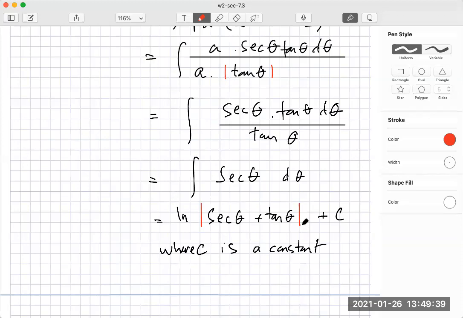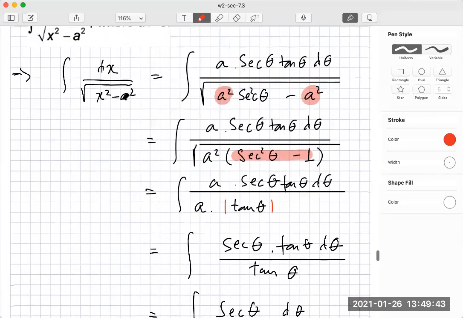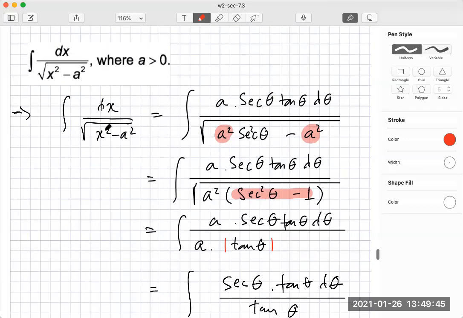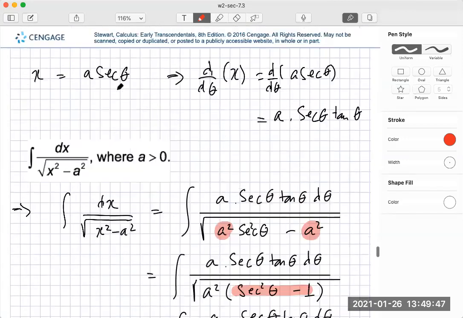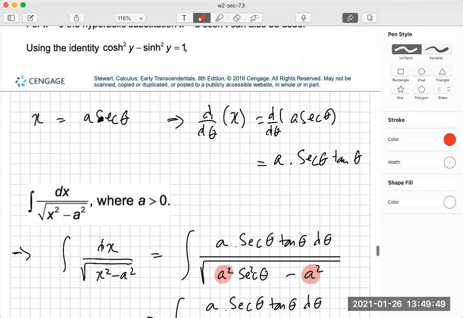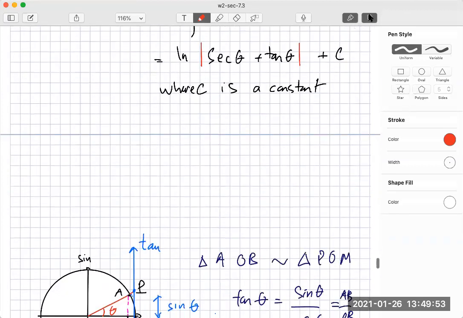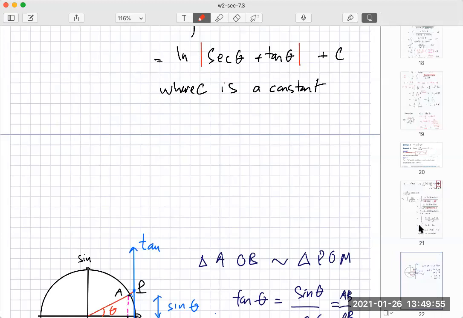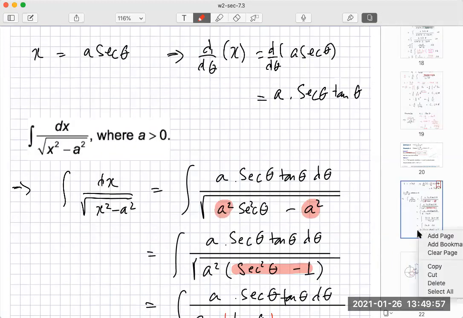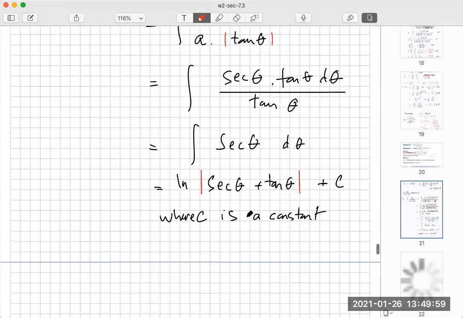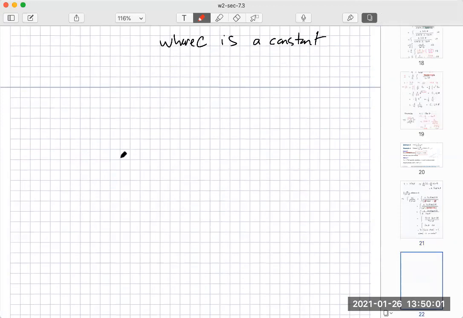We found a solution in terms of theta. What we need to answer is to find a function in terms of x here, right? Very good. And as we defined, x equals a times secant theta. Now let us write it down here. x is a secant theta.